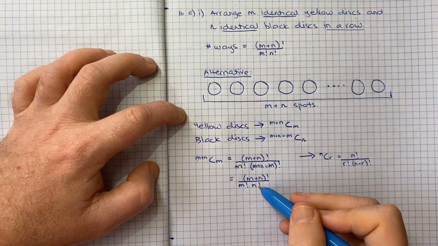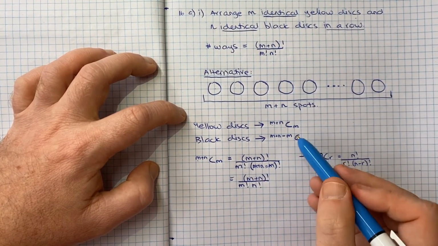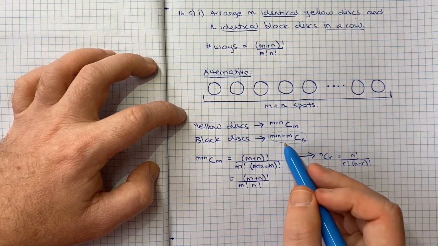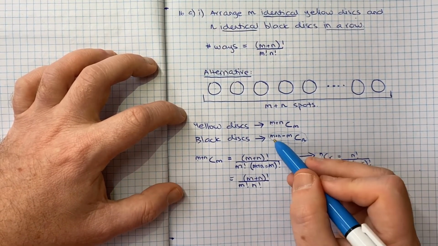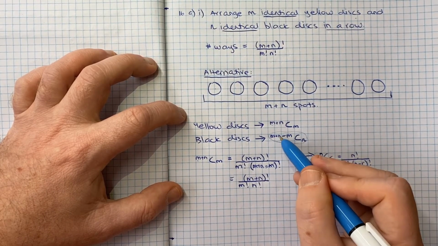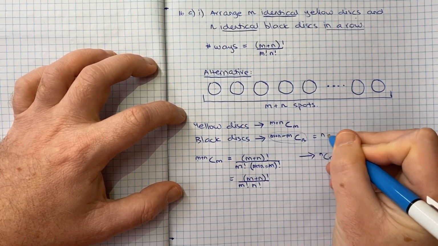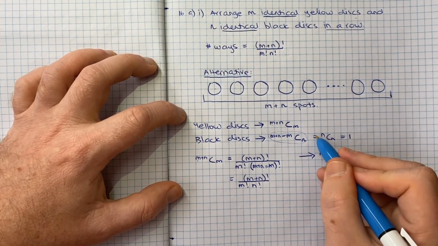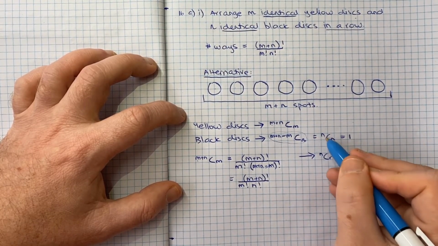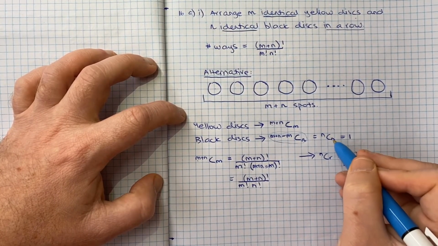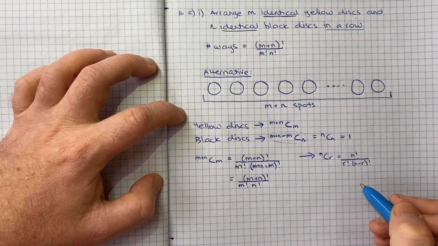Now that's interesting because that is the result. So what's going on with this bit here? Well, maybe you noticed that M plus N minus M would just be N C N. N C N is just going to be equal to 1 because anything C the same number, there's just one way. There's one way to put N things into N spots.